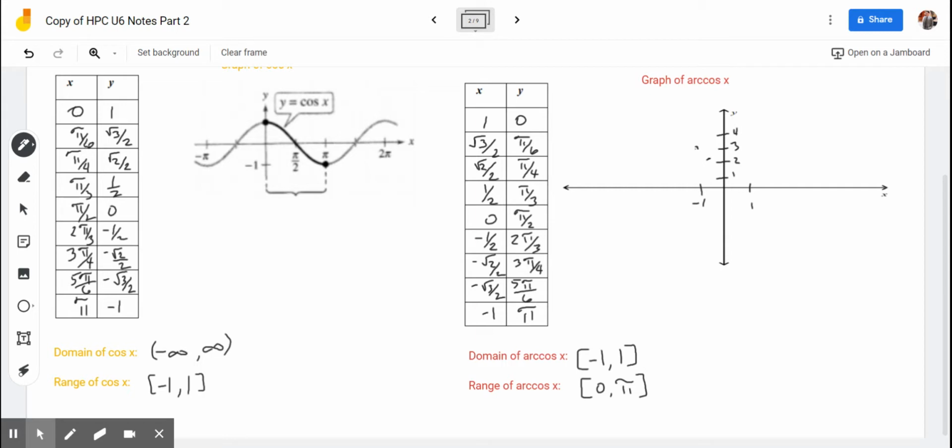And then 0, pi over 2 is another one that we can plot. It's about 0 and a little bit more than 1.5.